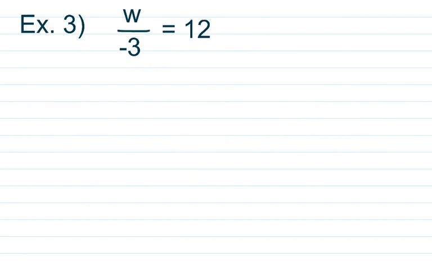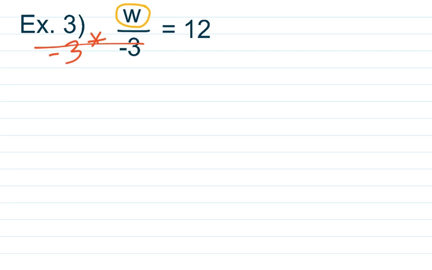Example number 3. W over negative 3 equals 12. Step 1, find your variable, the w. What is happening to it? Well, it's being divided by negative 3. So the inverse operation here would be multiplication. We need to multiply by negative 3.